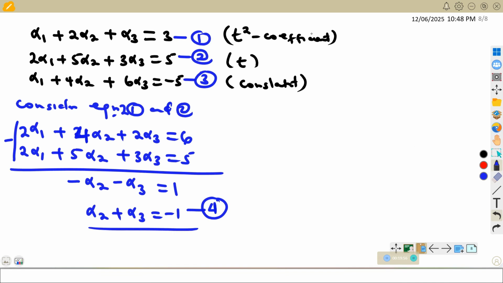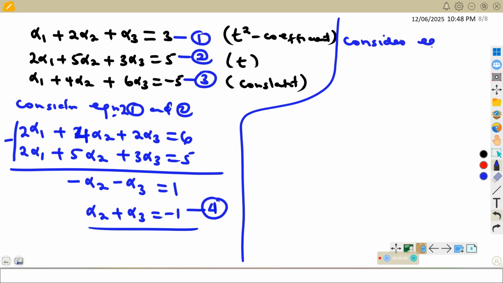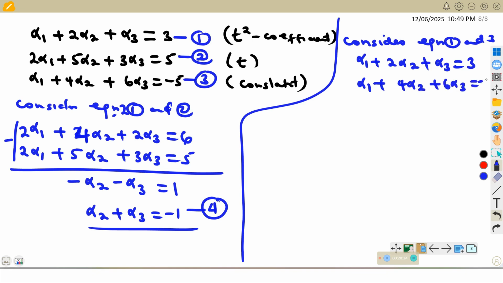So from there, let us also consider equations 1 and 3. The coefficients of alpha 1 are the same, so that is already okay. We have alpha 1 plus 2 alpha 2 plus alpha 3, which is equal to 3. We have alpha 1 plus 4 alpha 2 plus 6 alpha 3, which is equal to negative 5.